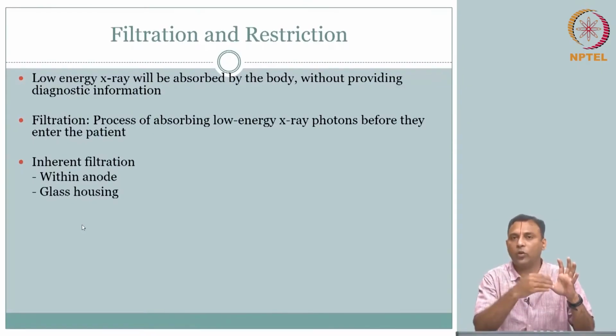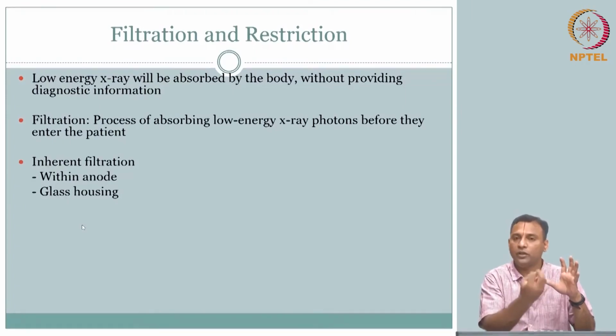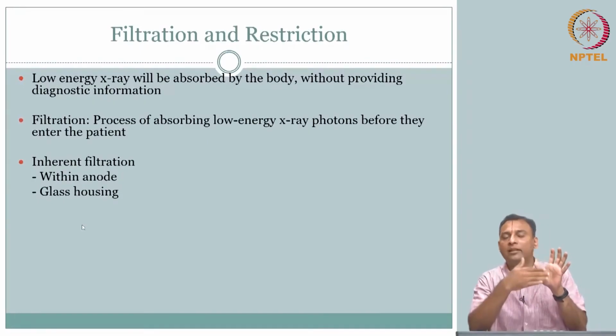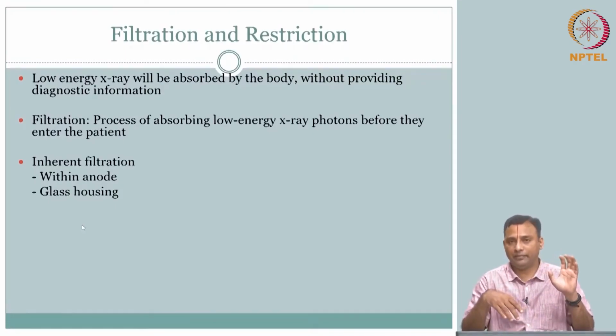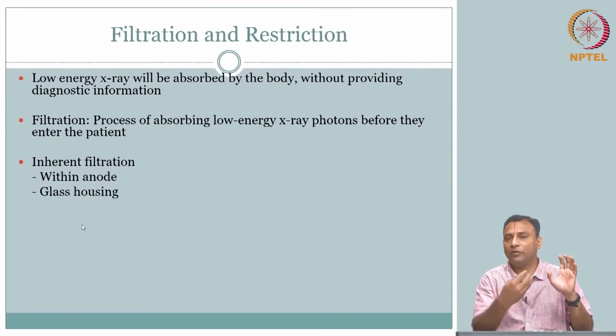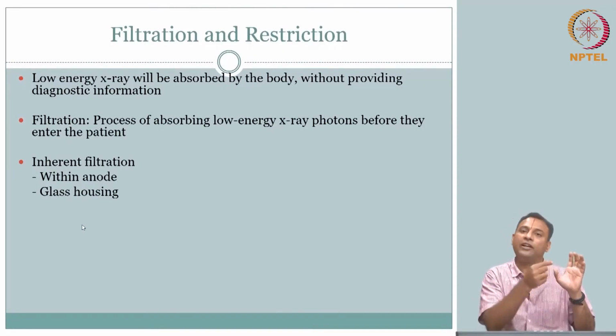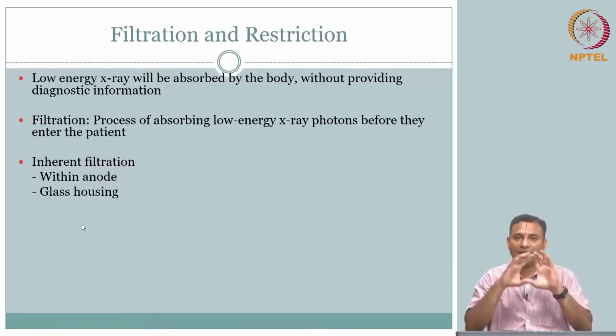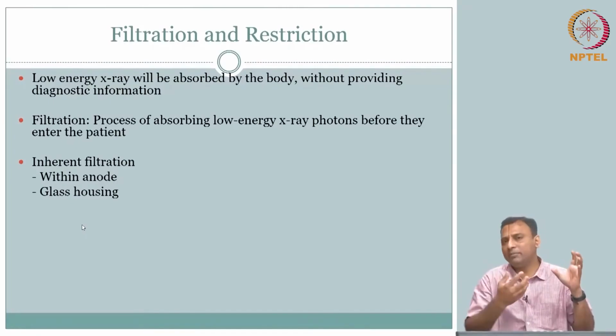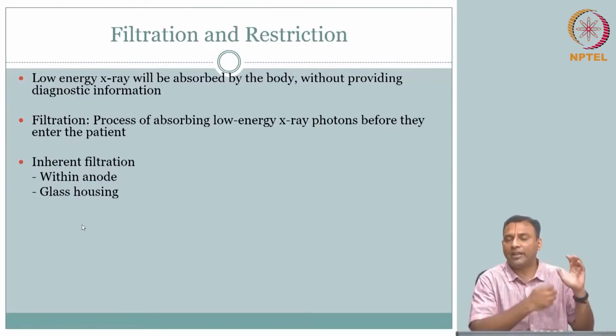There is already a coating on the glass, but over time the vaporization allows a thin coating of tungsten to form a layer. And so, if the X-ray is generated, it now has to pass through this material, the glass, before it comes out of the X-ray tube. So, low energies will get absorbed there only.